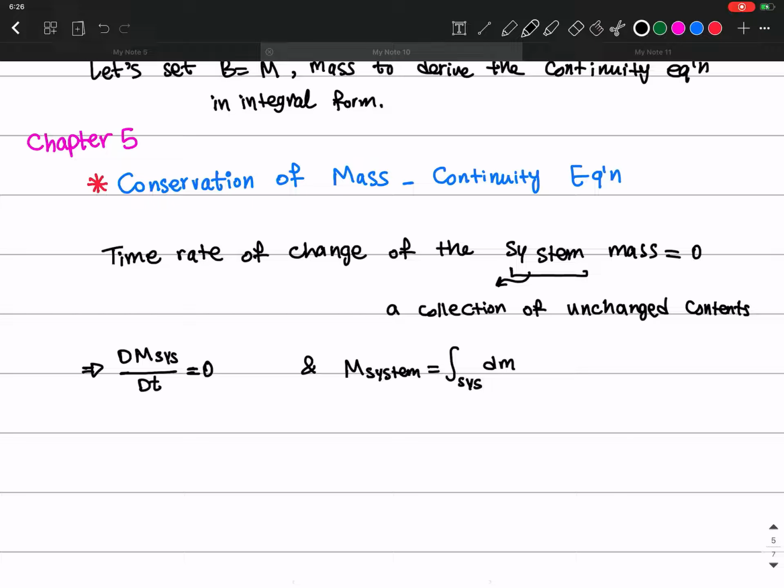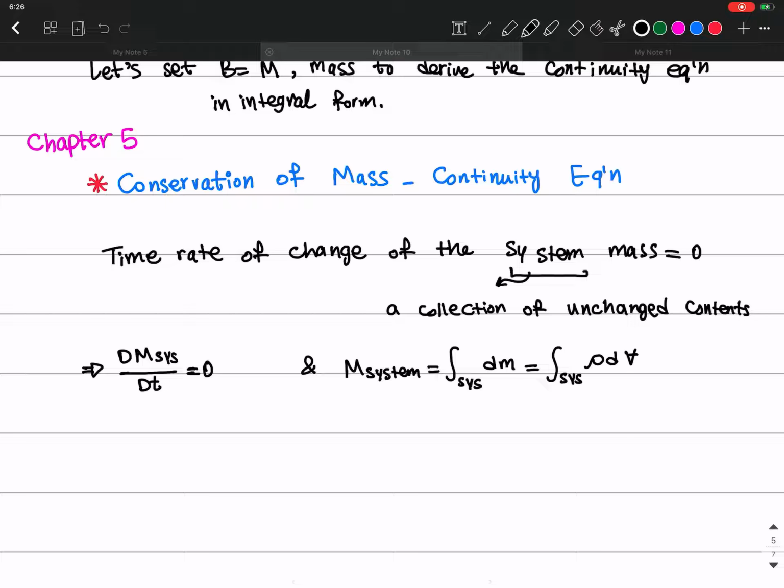And dm I can write as rho times dv. If the density is constant, I can take the rho out, but for now I just write it inside, so it's rho times dv, where V is volume. So this is the total mass of the system.